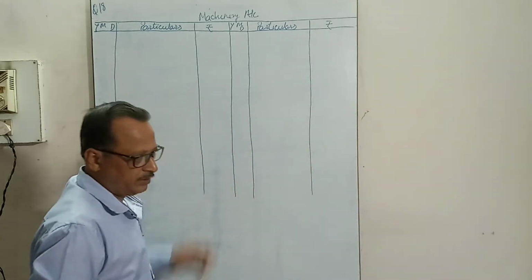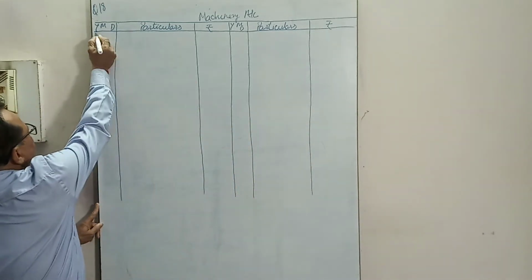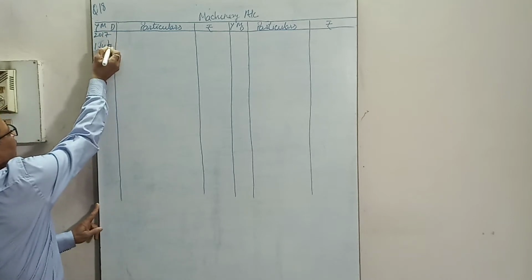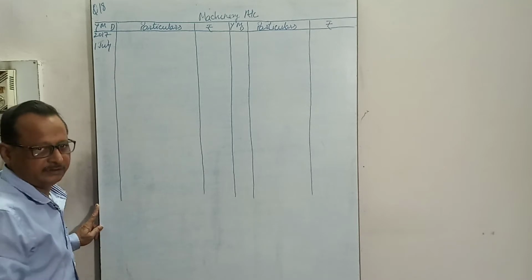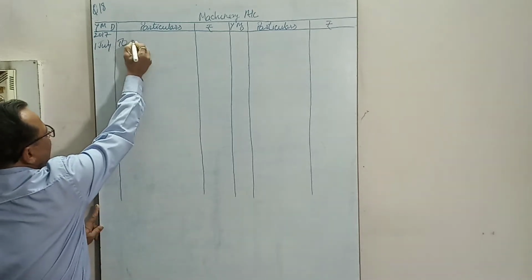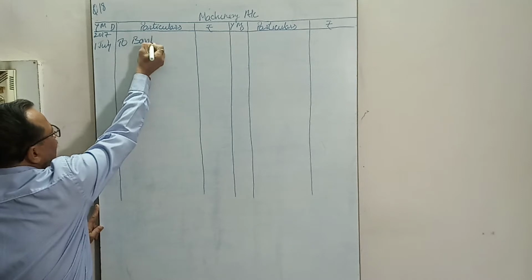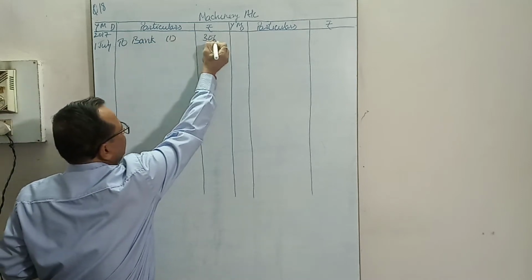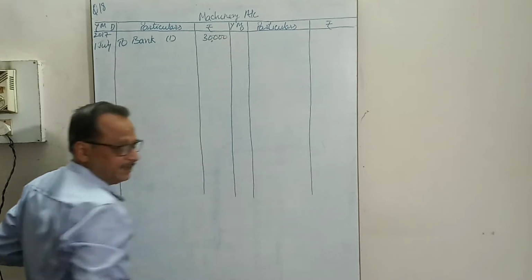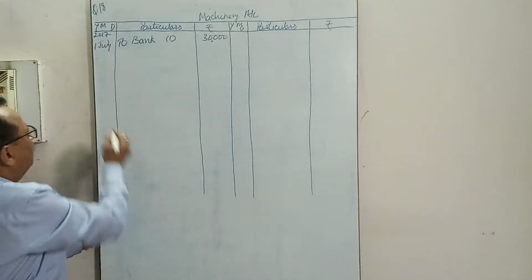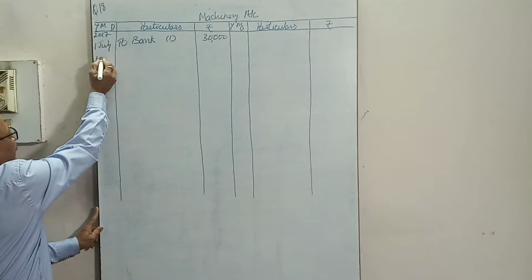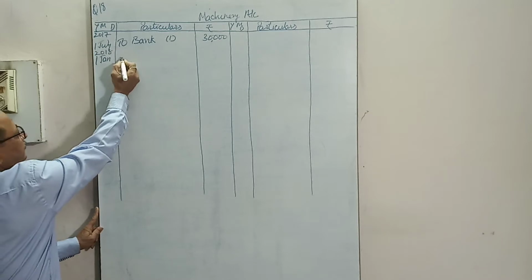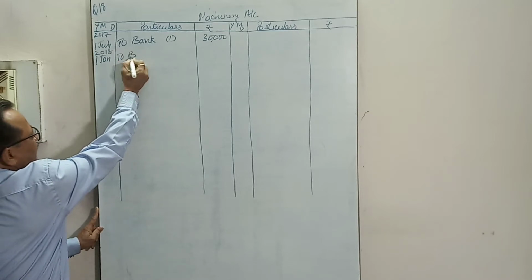See, the machinery account will appear like this. 2017, 1st July, machinery was purchased to bank. This is machine number 1 purchased for 30,000. In the same year, one more machine was purchased on 1st January 2018 to bank.